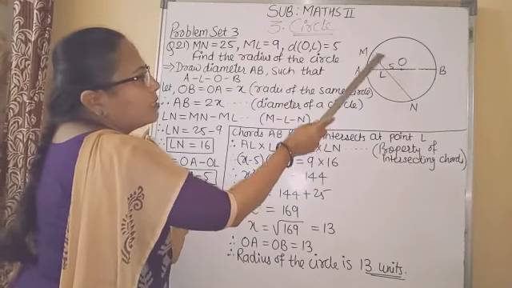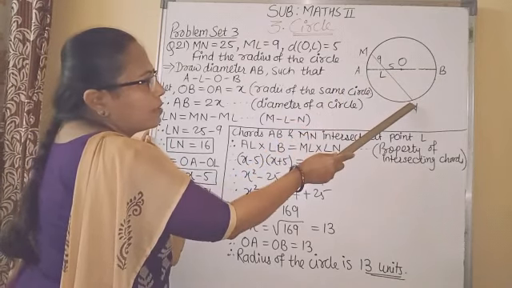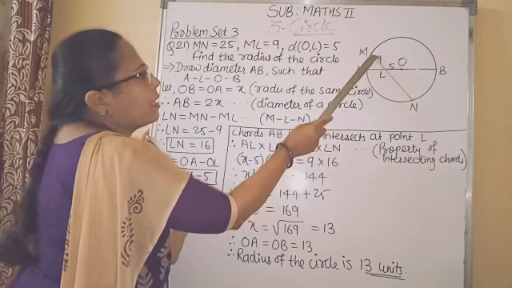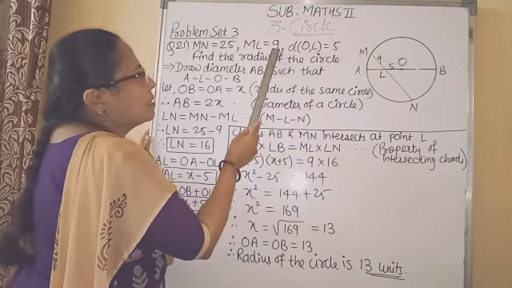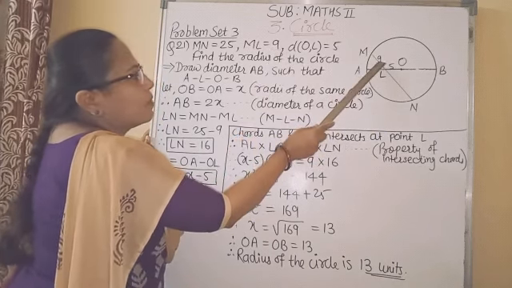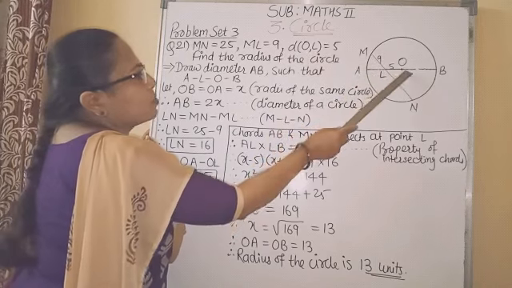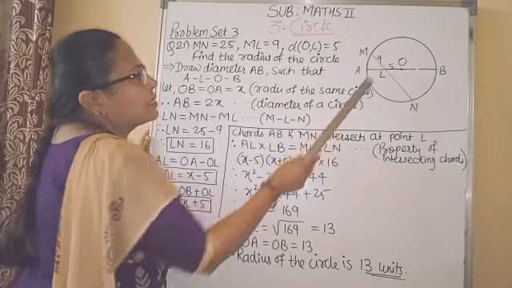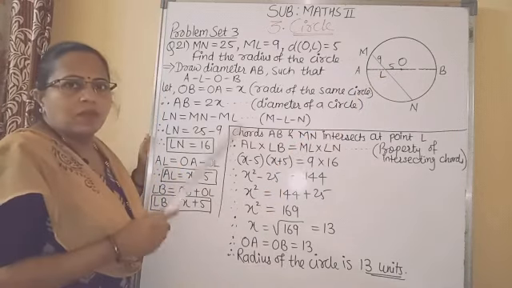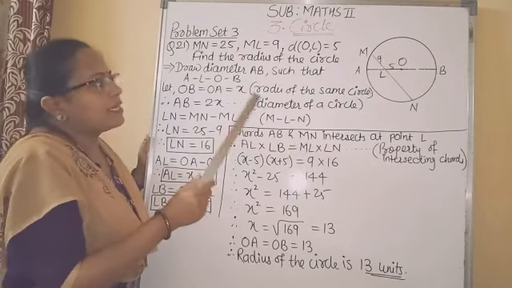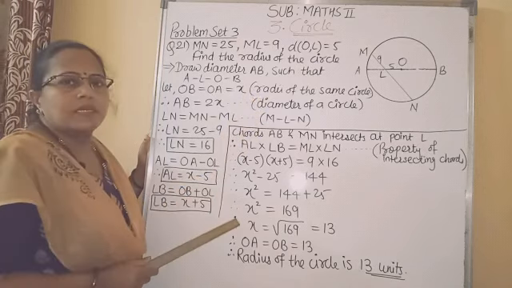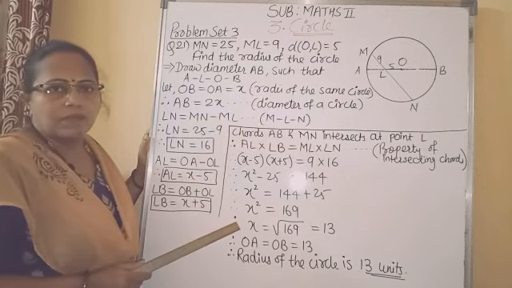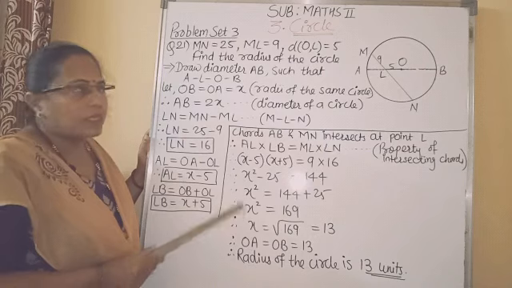Point L is on chord MN such that ML is equal to 9 and the distance OL between point O and L is 5. The question is, find the radius of the circle.